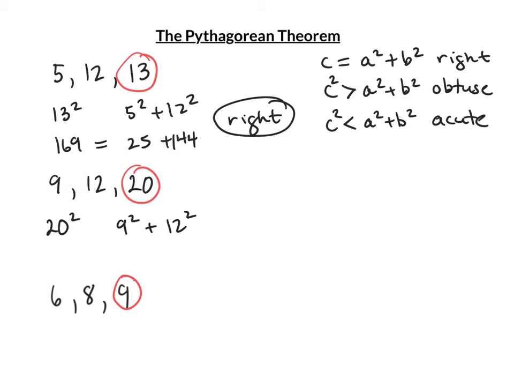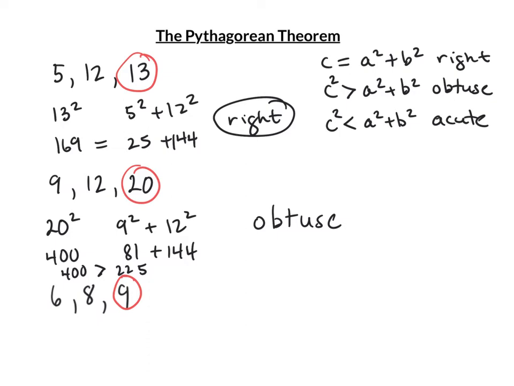So we're okay there. 20 squared is 400. 9 squared is 81. And 12 squared is 144. 81 plus 144 is 225. So 400 is greater than 225. My c squared is greater. That means this one is obtuse.